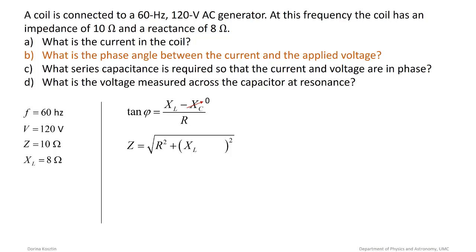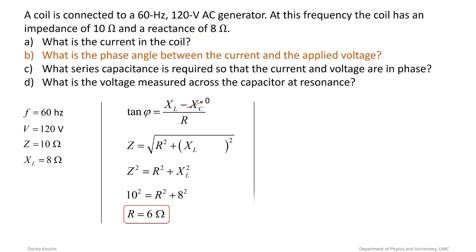We know Z, the impedance, and we know XL, so we can find the resistance. We square this equation and we have impedance squared equals resistance squared plus reactance squared. We replace the impedance with 10 ohms and the reactance with 8 ohms. From this equation we obtain that the resistance of the coil is 6 ohms.